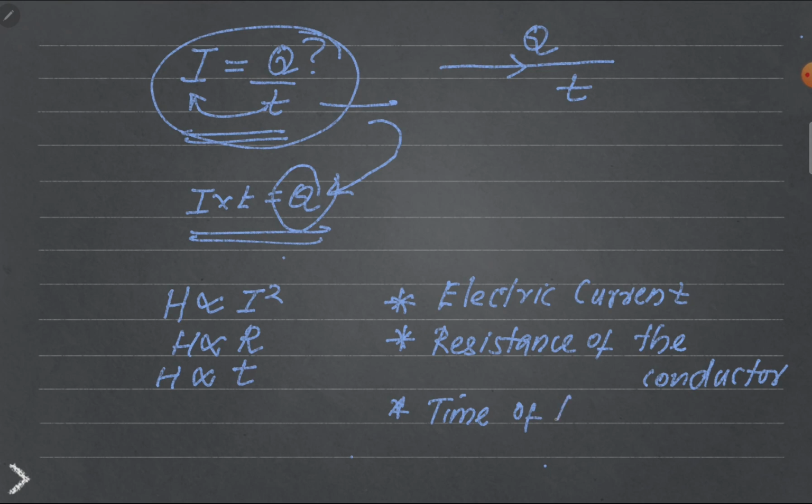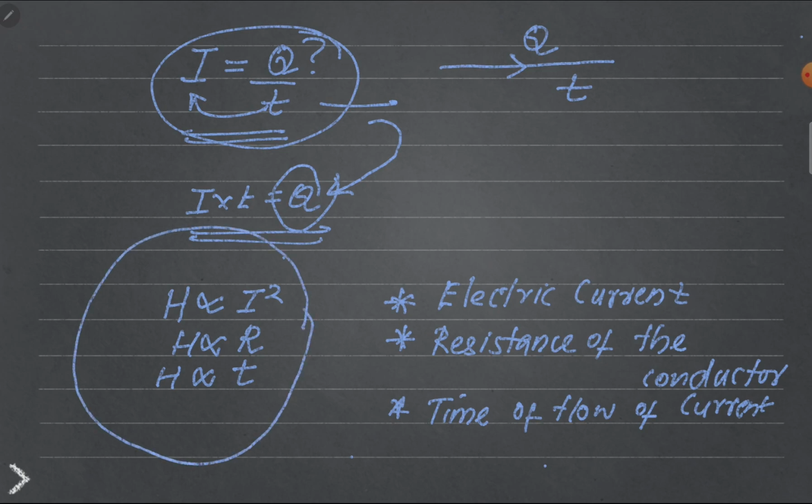We have studied H proportional to I square, H proportional to R, and H proportional to T in Joule's law. But here the question is simply, what are the factors influencing the heat developed when a current passes through a conductor? So you can write: electric current, resistance, and the time of flow of current.